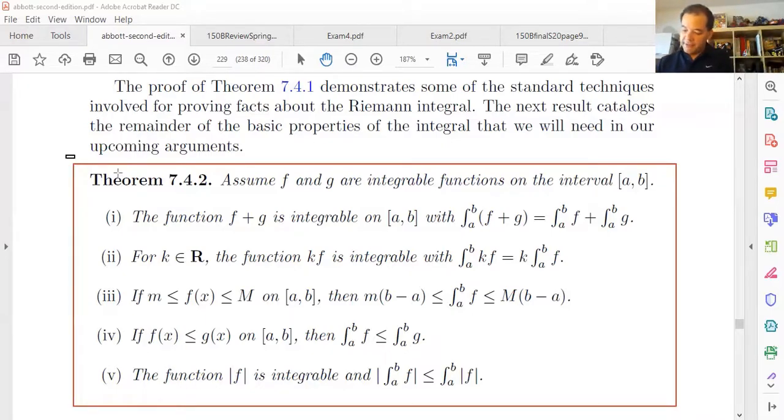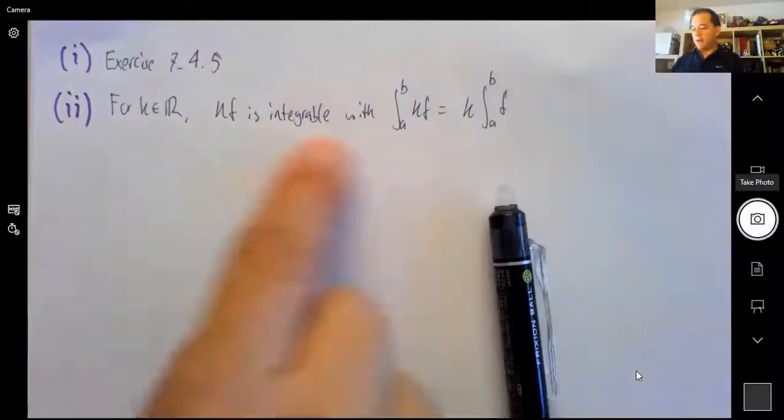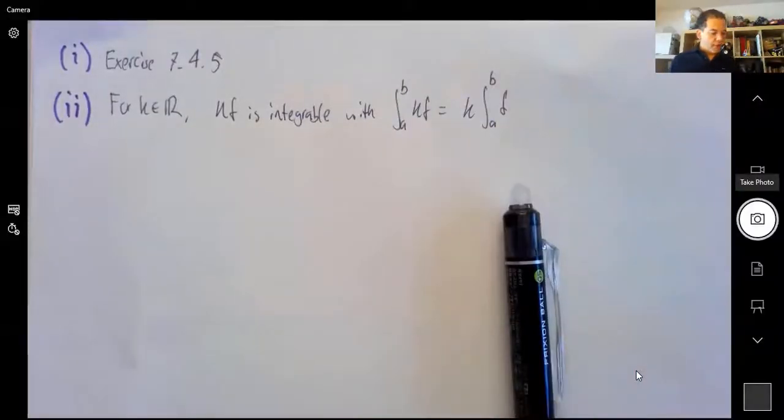So for k in the real numbers, kf is integrable, assuming f is, as the overarching assumption, and the integral of kf is k times the integral of f. So this one over here is the one we want to prove.